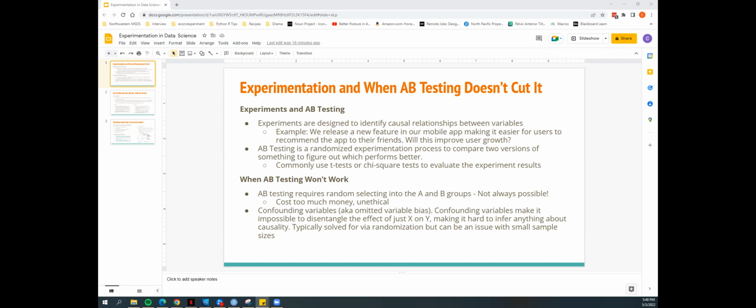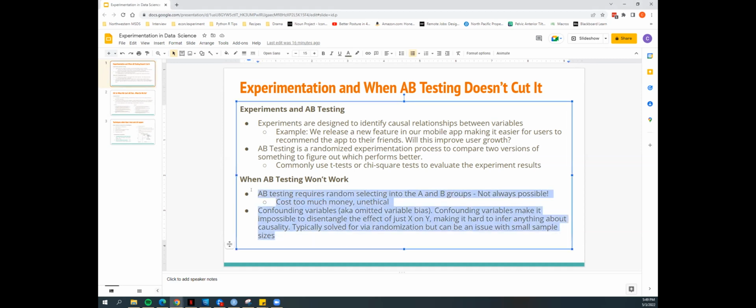And when the treatment and control groups are not the same, A/B testing and techniques like t-test and chi-square tests will not let you figure out causality. Here are a couple of examples of when A/B testing won't work. The most common one is that A/B testing requires random selection into your A and B groups, and this is not always possible.